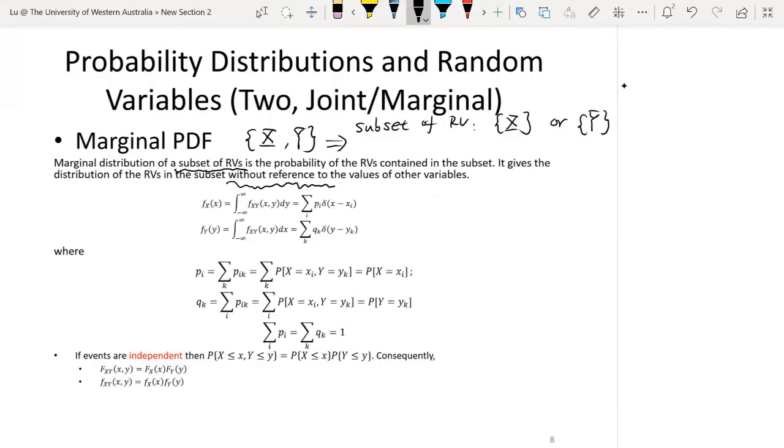The marginal distribution of x, for example, is the probability of the random variables contained in the subset.